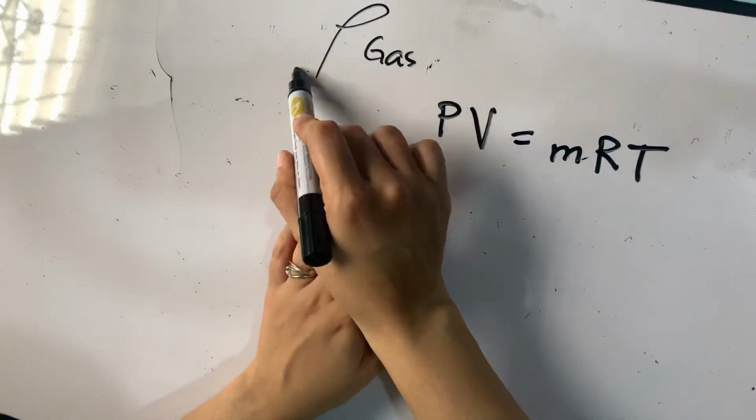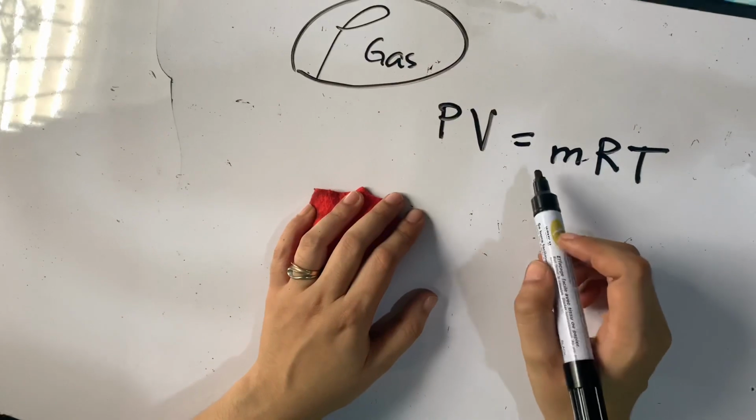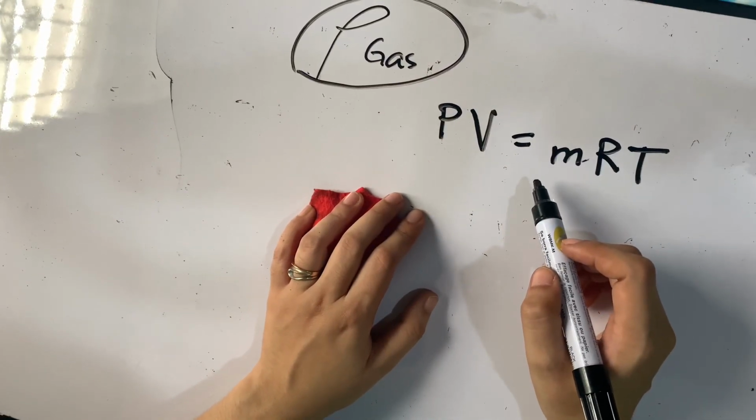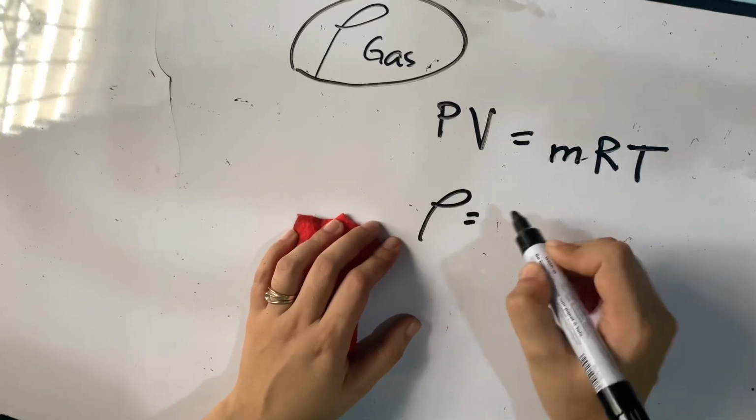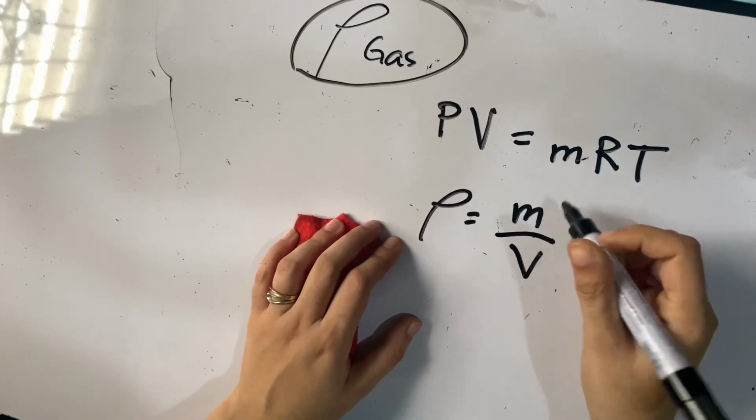To get the density of gas, we know that density is equal to mass over volume.